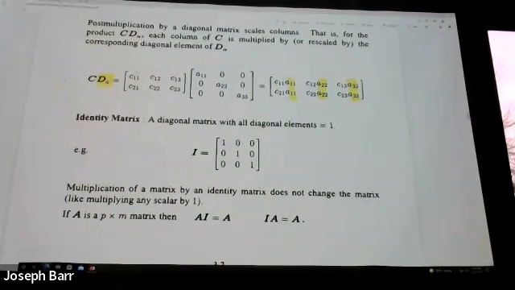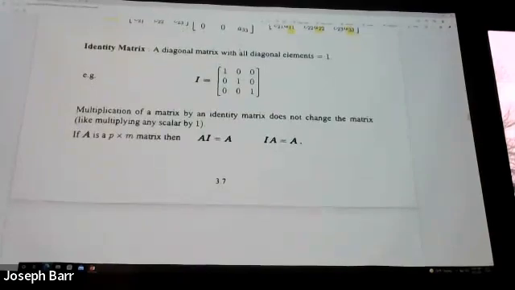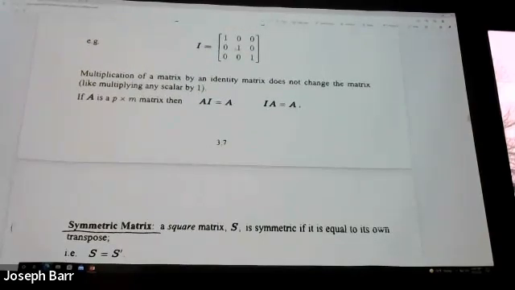Okay, so we have the first column here times A11, the first element. Second column here times the second element. Third column here times the third element. So it's quite easy for us to get the product. It's kind of like a trick. Okay, but if you just follow the traditional definition, yeah, it's all good.